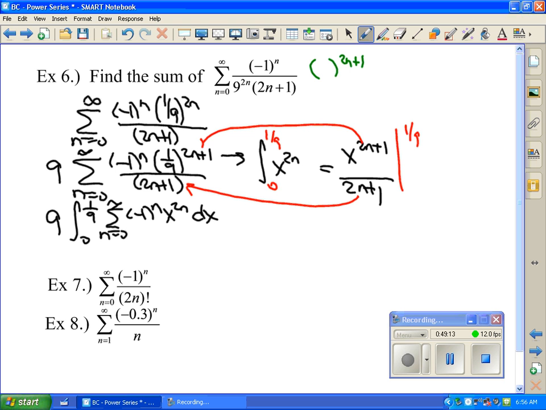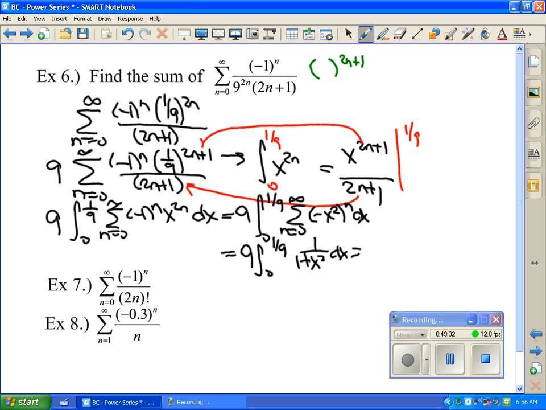So this is going to become 9 times the integral from 0 to 1/9, summation n equals 0 to infinity, and this will be negative x squared to the n. But now I can use my summation formulas because that's a geometric series. So 0 to 1/9, 1 over 1 plus x squared. That makes it equal to arctangent of x from 0 to 1/9. So this becomes 9 arctangent of 1/9.